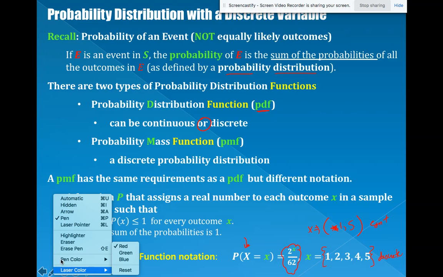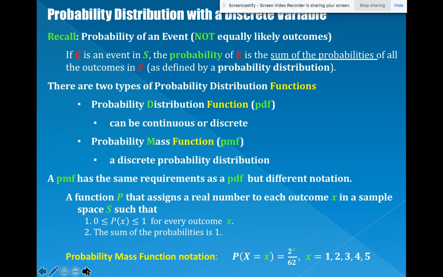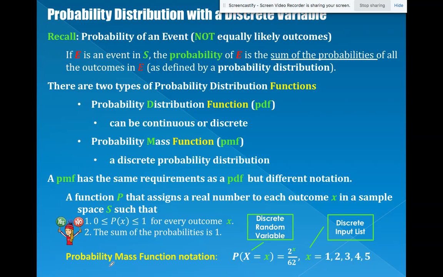So I say to myself, here's my discrete random variable, and I expect a list that's going to be my input. Then I ask myself, is this a PMF, which I could also call a PDF? How do I check?